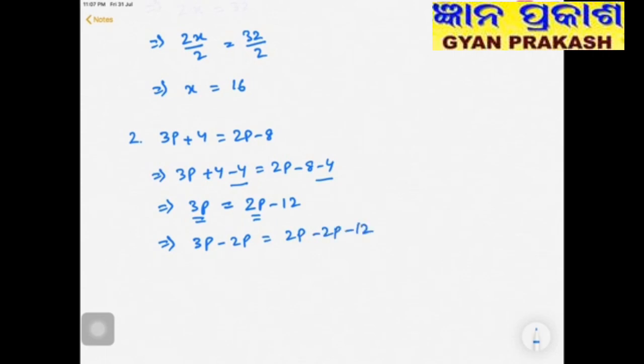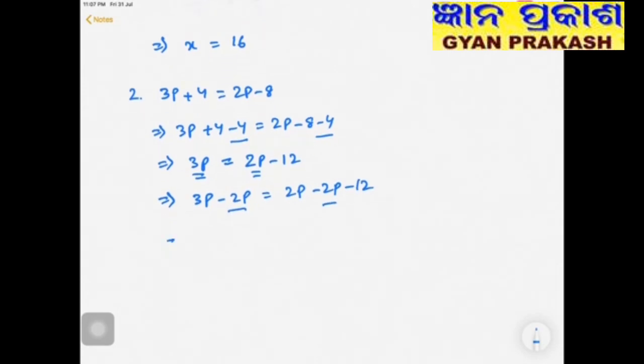I have subtracted 2p from both sides. Now I have p equal to minus 12. This is the root of the equation or solution of the equation 3p plus 4 equal to 2p minus 8. So we have learnt how to solve equations.